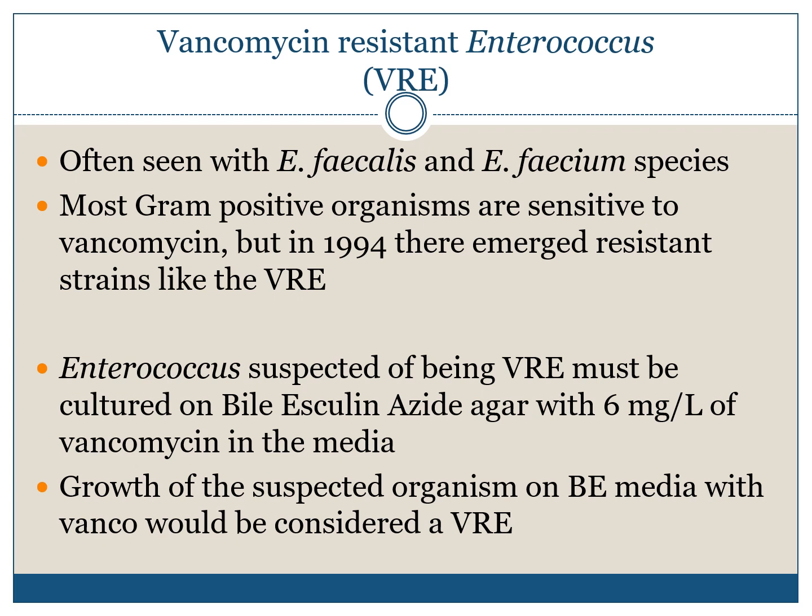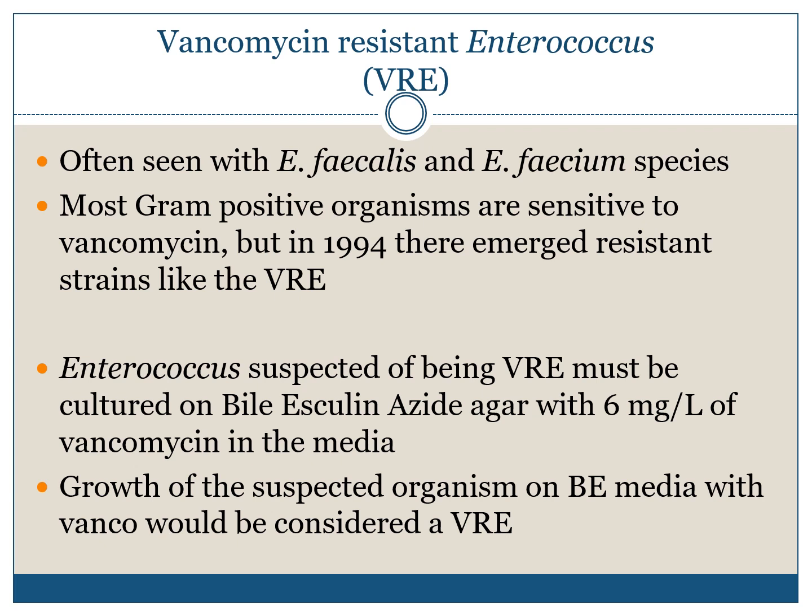A lot of times the Enterococcus faecalis and Enterococcus faecium species are the ones that are vanco-resistant. Like I said, most gram-positive organisms are sensitive to vanco, but in 1994 there emerged resistant strains like vanco-resistant Enterococcus. Other countries started to notice this in the mid-80s, but we didn't start seeing this in the United States until the 1990s.